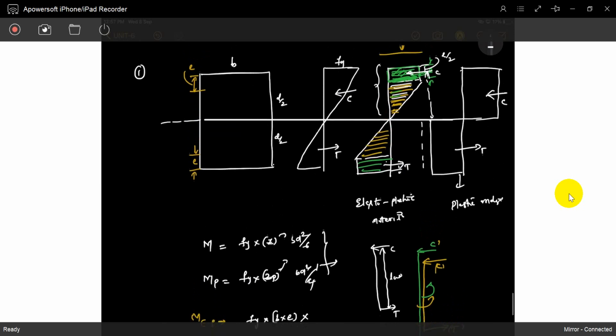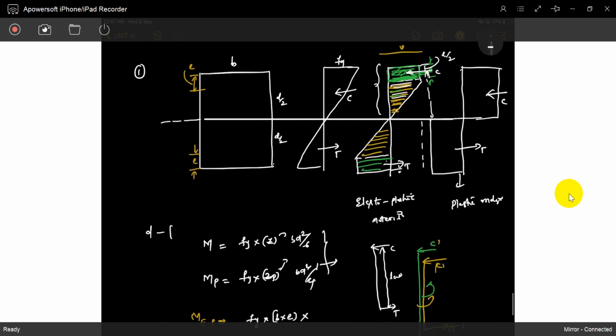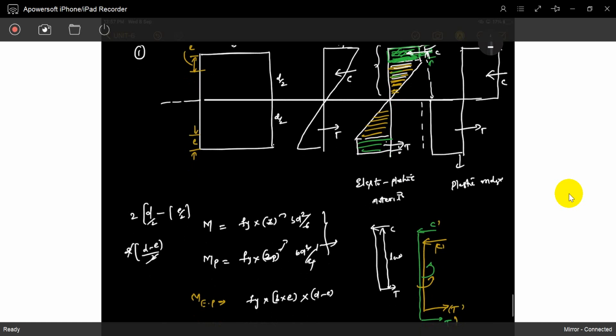So total distance is D minus E by 2. So otherwise D by 2 minus E by 2. This is also D by 2 minus E by 2. So you will write 2 into D by 2 minus E by 2, the 2 cancels. D minus E. This distance is D minus E. Okay, got the idea? So that is for the first part.